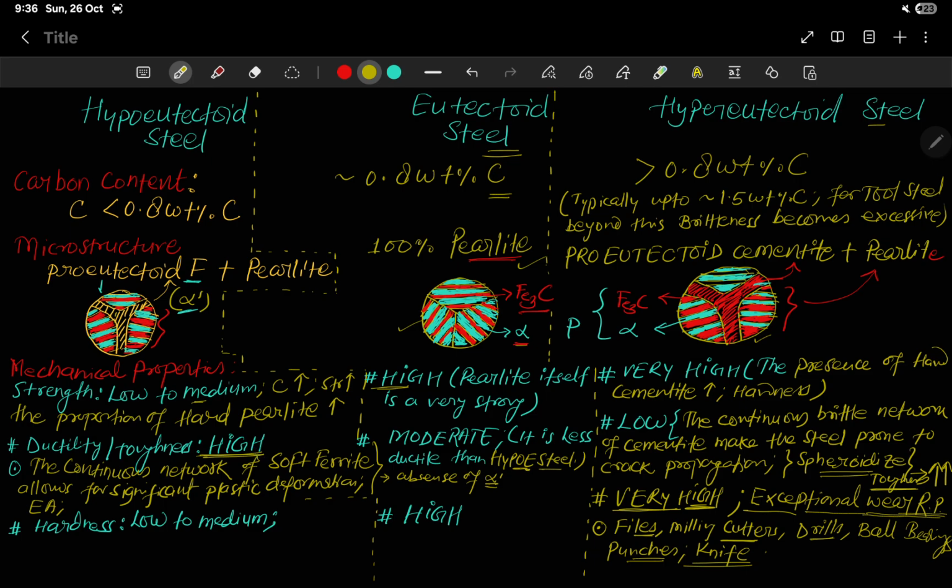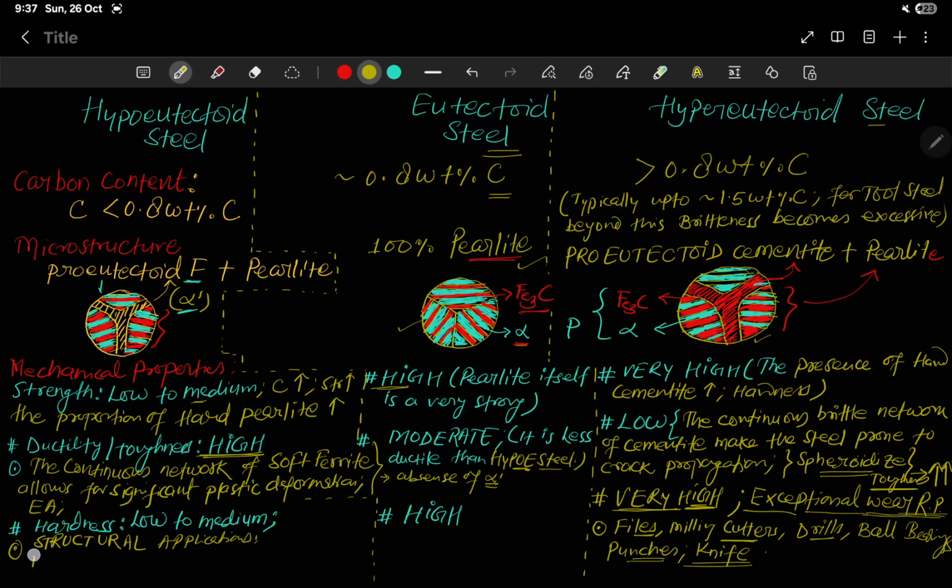So this steel is very useful for structural applications. What structural applications have you seen? If you have visited Nagpur railway station, there you will see wires on some bridges.